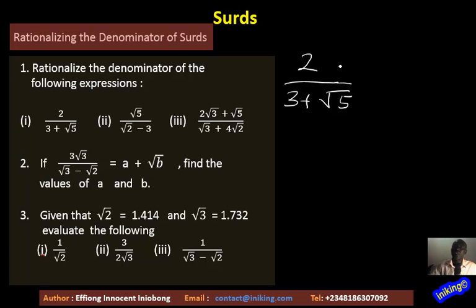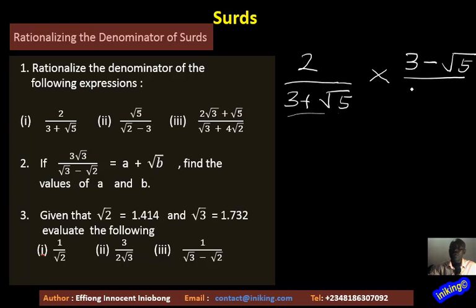Question number 1i says, let us rationalize the expression 2 all over 3 plus root of 5. We say, oh, this is a composite expression. What do we do? We're going to multiply both the numerator and the denominator by the conjugate of 3 plus root 5. And I'm sure you will agree with me if I said the conjugate is 3 minus the root of 5.